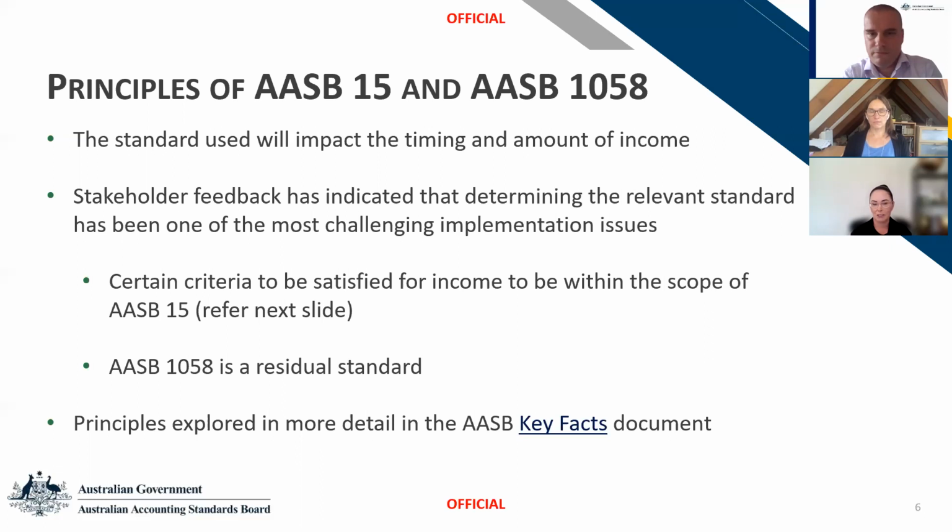Are you able to comment on how that interaction might play out? Does it overlap? How are entities able to unpick those two potentially competing aspects when looking at the scope paragraphs for 1058 and 15?